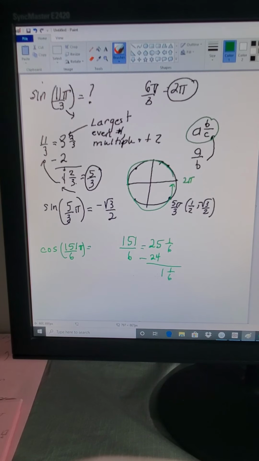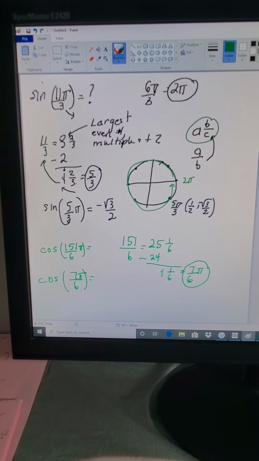I'm not going to use the calculator now. 6 times 1 is 6, plus 1 is 7. So what we just did is we found the equivalent trigonometric point. So 151 pi over 6 is the same as 7 pi over 6.